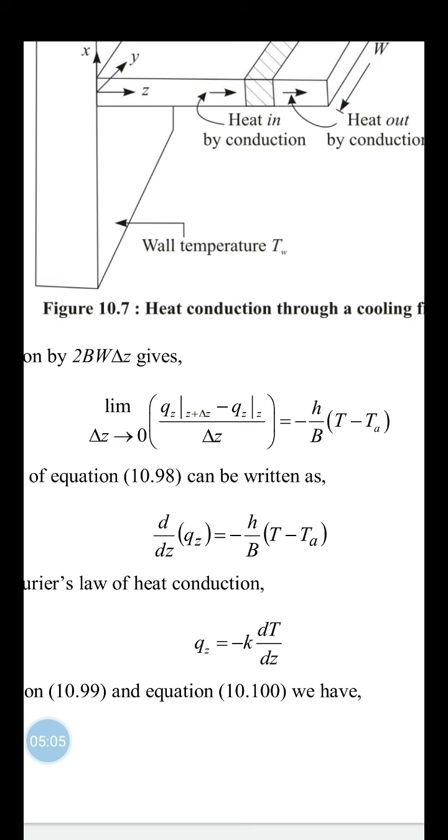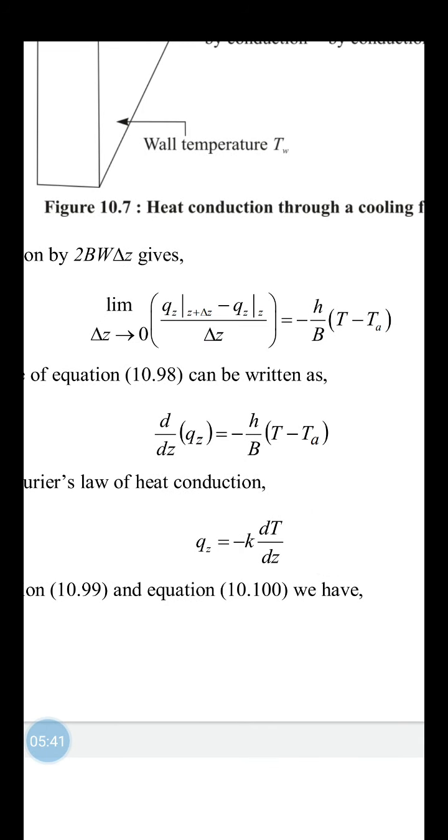The left side is the definition of the first derivative of qz, so d by dz of qz is equal to minus h by b into (T minus Ta). H is the heat transfer coefficient, qz is the heat flux per unit area, b is half the thickness, T is the temperature at any point, and Ta is the temperature of air.